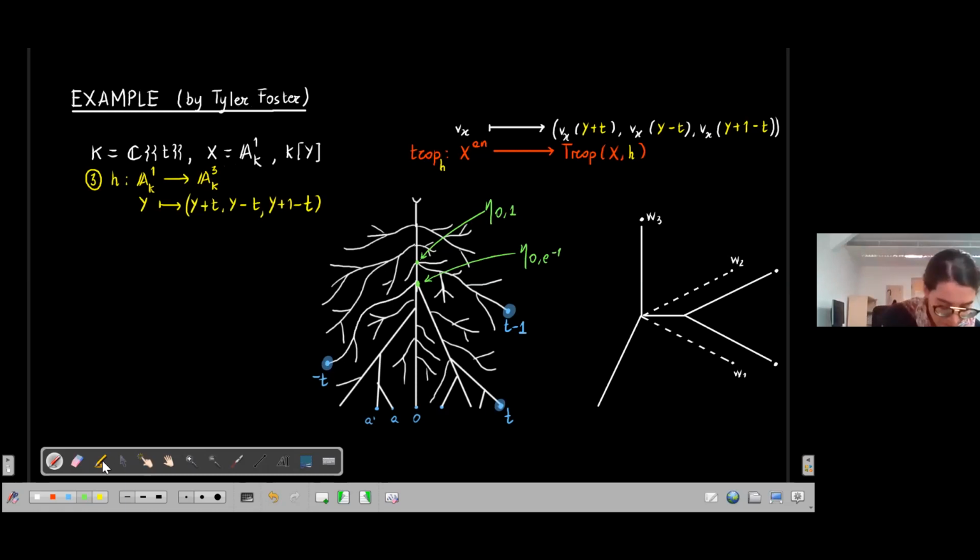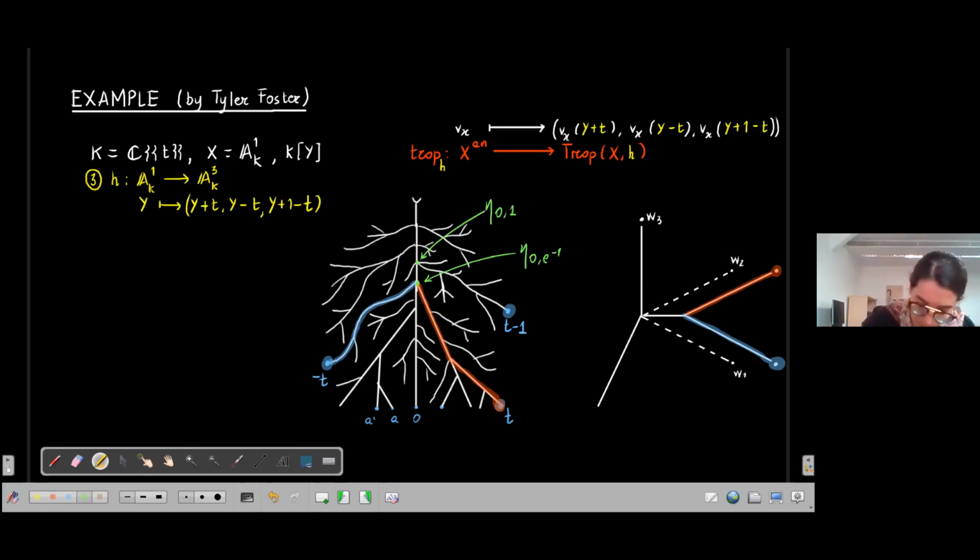And here, again, the picture will be as follows. We'll have this path that will be sent again to this part of the tropicalization. Then we will have the path that connects to t, which will be sent to this part of the tropicalization.